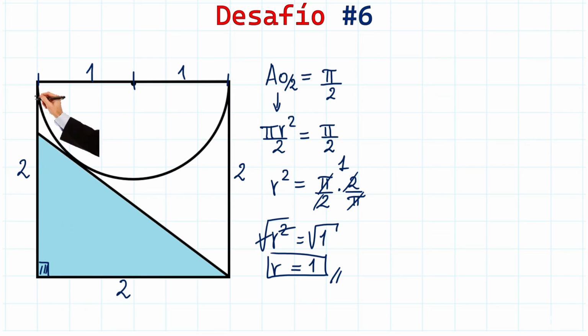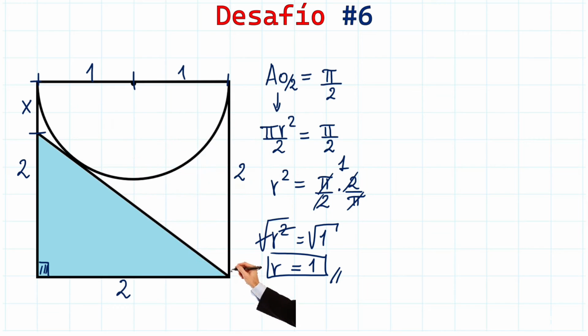This 2 here represents the entire side, not just up to here, but the whole side. Now from here to here, how much does it measure? We're going to call it x. Notice here the properties of lines that are tangent to a circle or a semicircle.